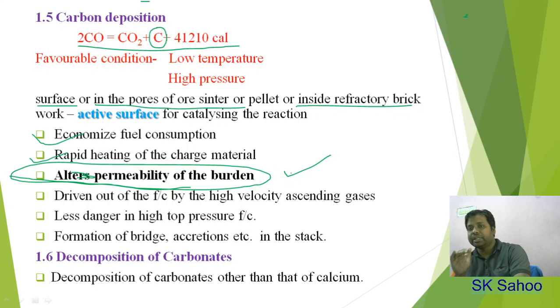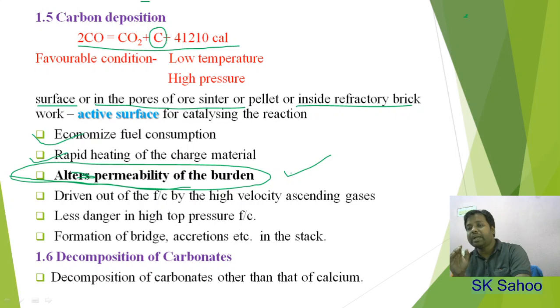This carbon deposition reaction, in one way, is decreasing the bed permeability, but in another way, when the carbon soot is formed around the raw materials, that means the sinter or the pellet or the iron ore, then what happens when temperature increases at the points of contact? Agglomeration generally occurs.